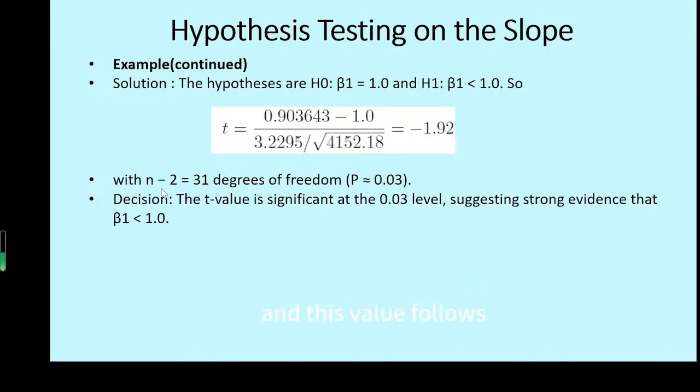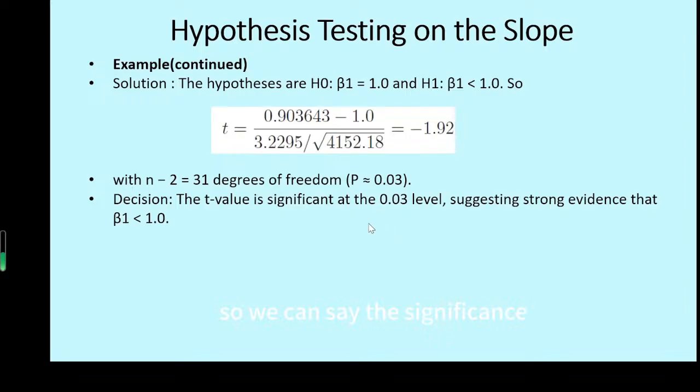And this value follows a T distribution with 31 degrees of freedom. In a one-sided test, we get the p-value, which equals the area to the left of this value under the T distribution density curve. This area is about 0.03. So this p-value is quite small, less than 0.05.